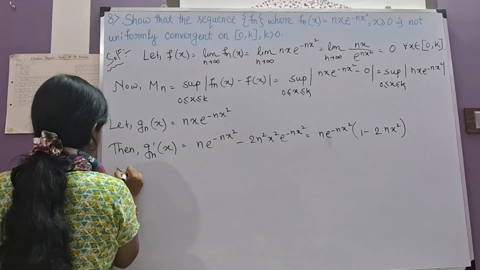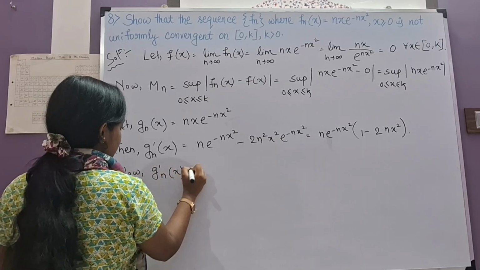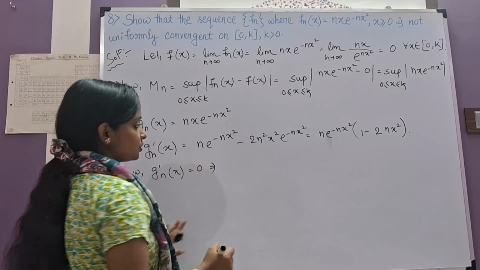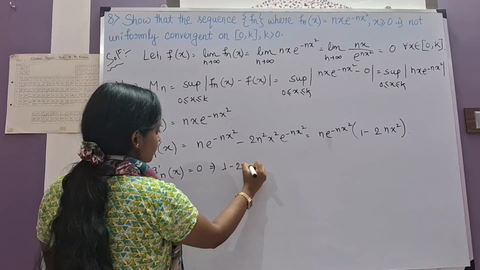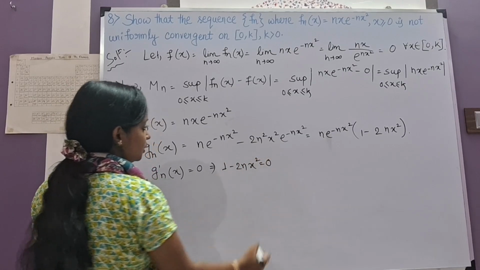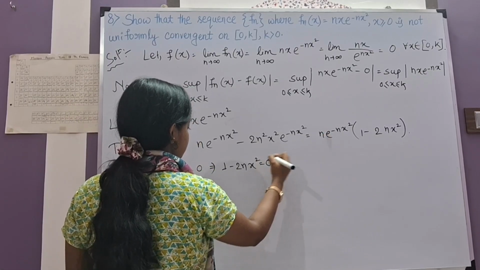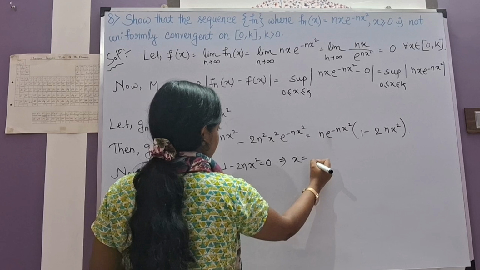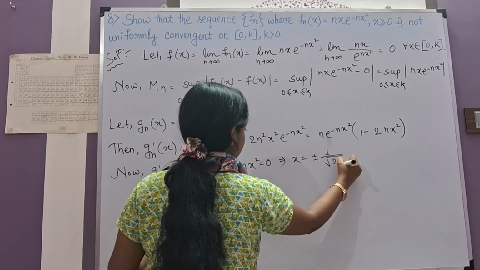Now g dash n of x equal to 0 implies 1 minus 2n x squared equal to 0, because the other term cannot be equal to 0, so x equals plus minus 1 by root over 2n.